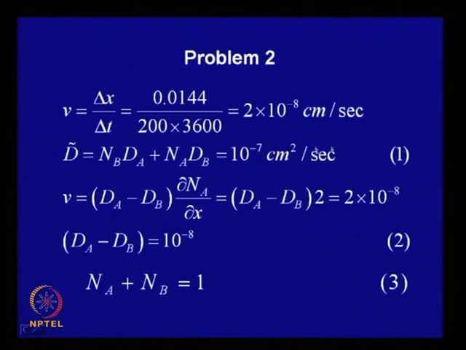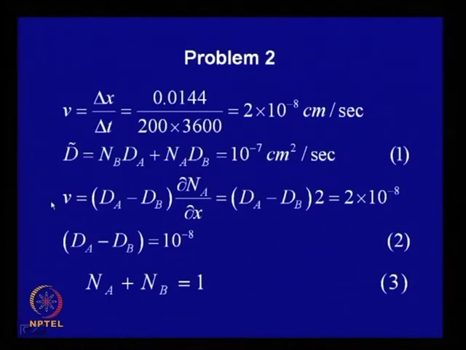Now, we know that the interdiffusion coefficient is equal to the mole fraction of B times the intrinsic diffusivity of A, D_A, plus N_A times the intrinsic diffusivity of B, D_B. So, this is one expression and this is given.